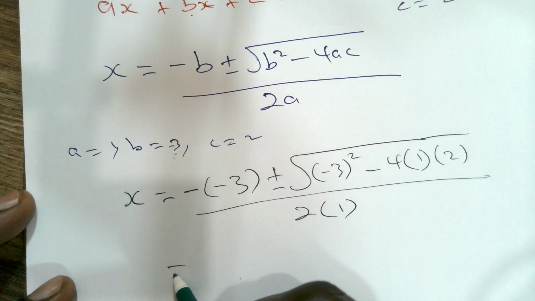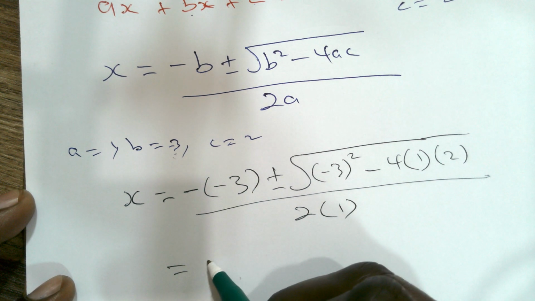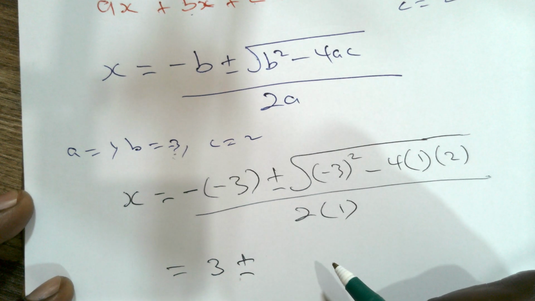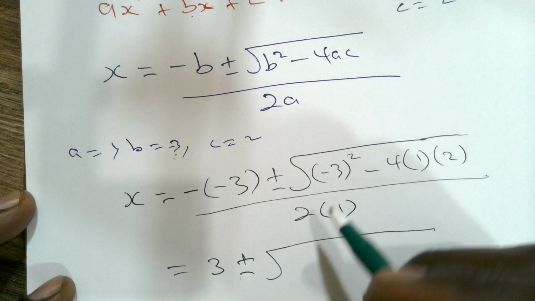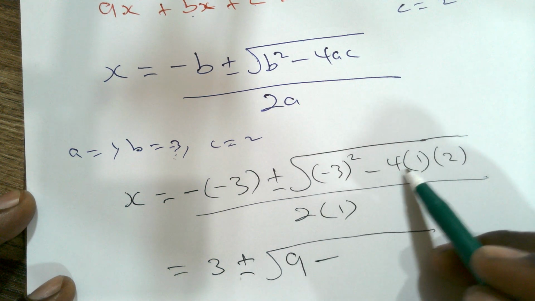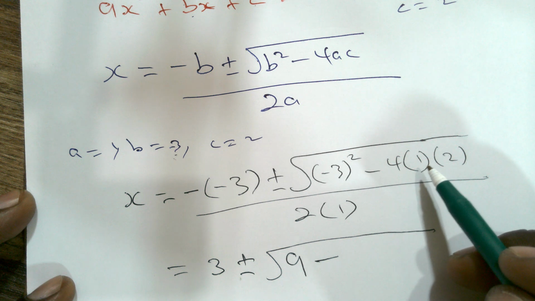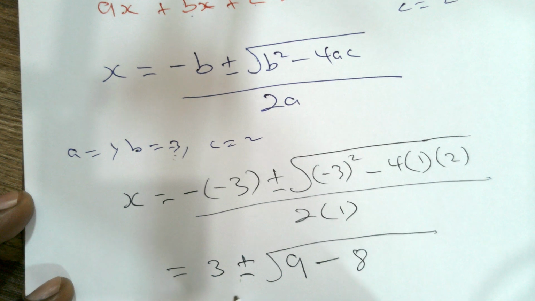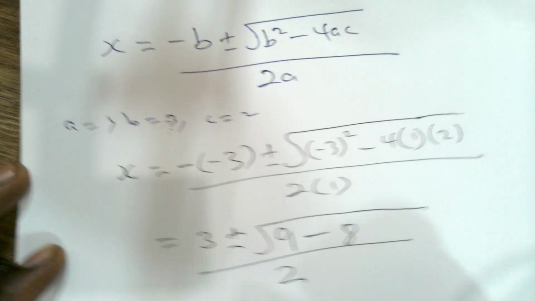When we reduce that, we end up with 3 plus or minus the square root of 3 squared, which is 9, minus 4 times 1 times 2, which is 8, all over 2.